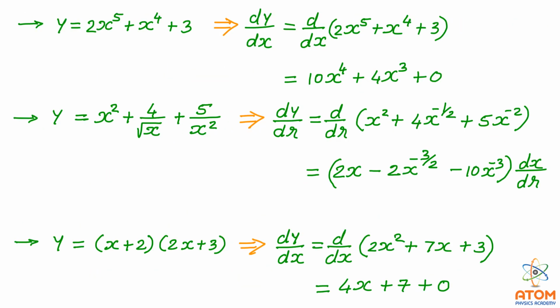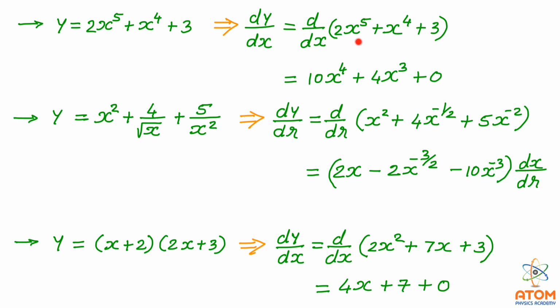Now let us see differentiation of some equation form. Suppose y is given as 2x raised to 5 plus x raised to 4 plus 3, and we need differentiation of y with respect to x, that means dy by dx. So it will be d by dx of this equation, 2x raised to 5 plus x raised to 4 plus 3. Now we have to take differentiation of each term one by one.